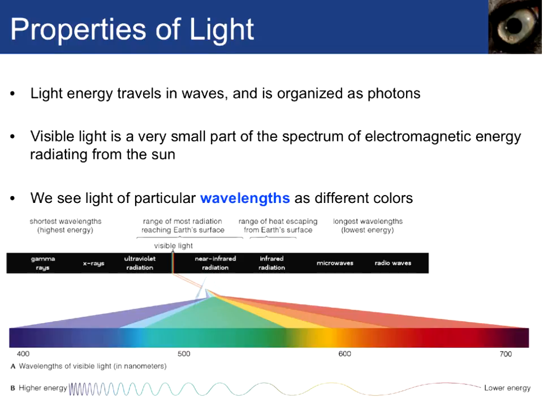Light energy travels in waves and is organized as photons, and photons are just energy packets. As you can see in this black bar, visible light is only a very small part of the spectrum.